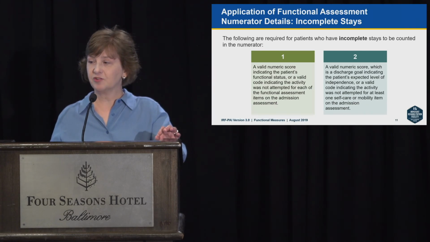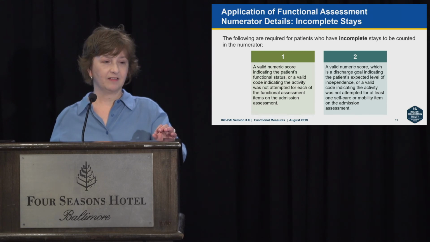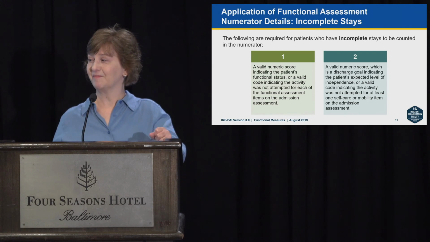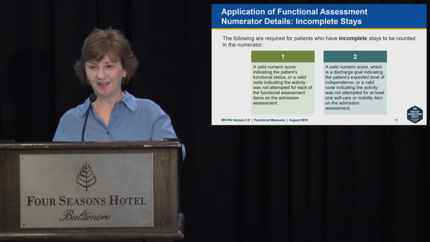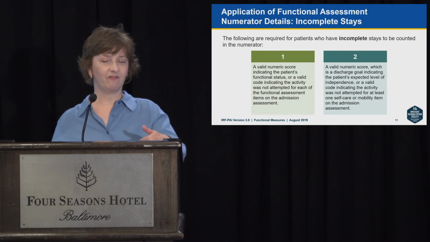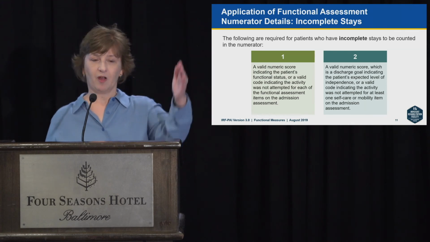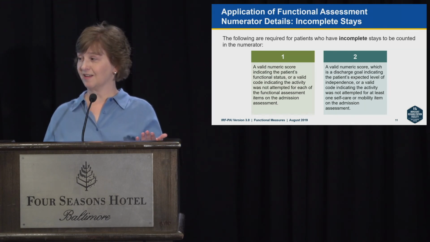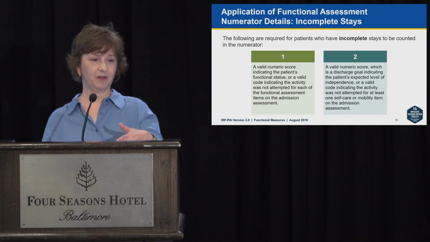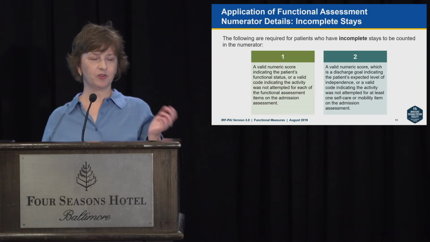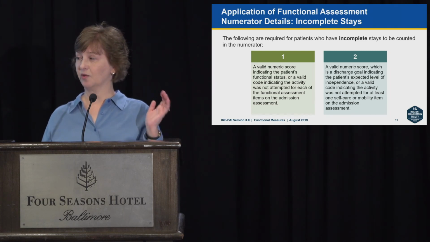For those patients who have an incomplete stay, CMS recognizes that if somebody has a medical emergency, like a pulmonary embolism, that is not the time to see if somebody can eat or walk. And so the functional assessment data, Section GG self-care and mobility data, are not required. On the IRF-PAI, as you know, there's a discharge destination, so we can see people being discharged to acute care, or to an inpatient psychiatric unit, or somebody leaves AMA.